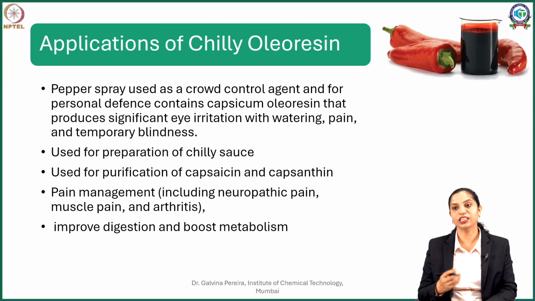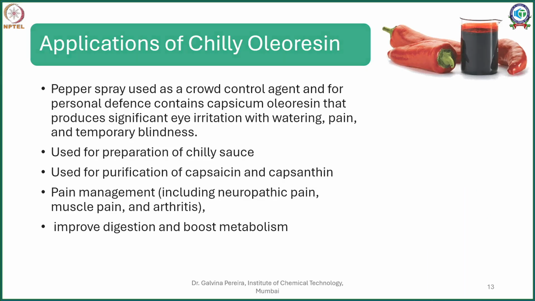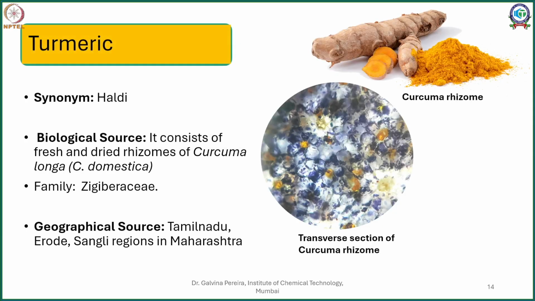This is useful in management of neuropathic pain, muscle pain, and arthritis. It is also used to improve digestion. It is said that consumption of chili gives you warmth, and this warmth is beneficial for digestion and to boost metabolism.